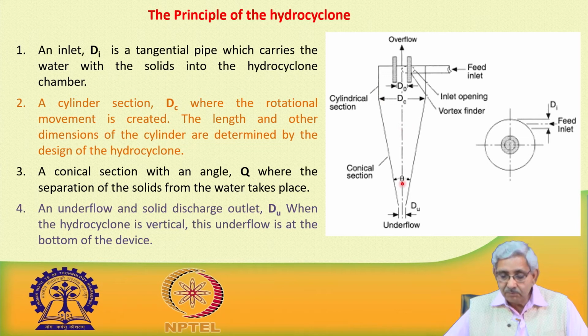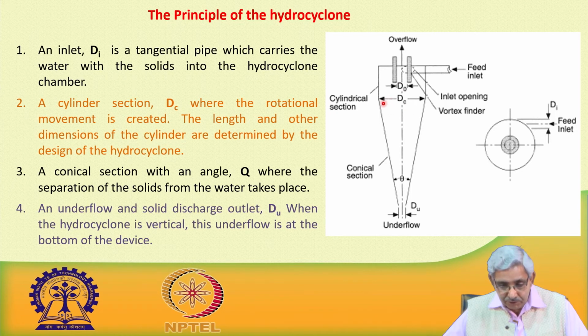So, this part is your conical section, this is the cylindrical section, this is a conical section, where the separation of the particles takes place, and there is another outlet at the downstream end where the heavier particles go, and then they get settled in the settling tank. So, underflow or solid discharge outlet d u: the hydrocyclone is vertical, and this underflow is at the bottom of the device. So, water comes from this end, then it passes there.